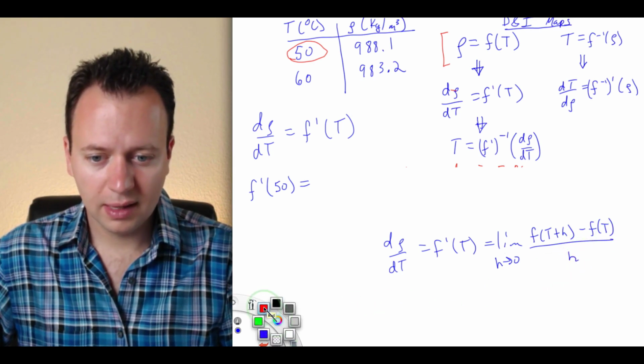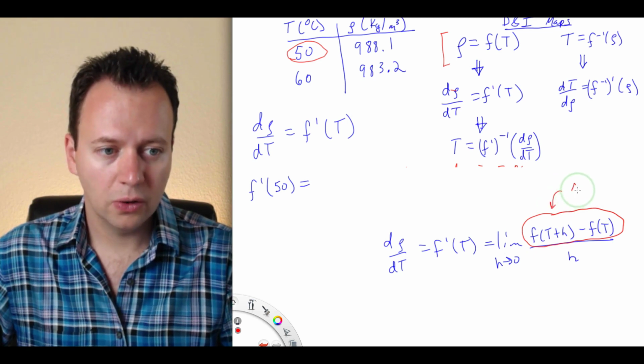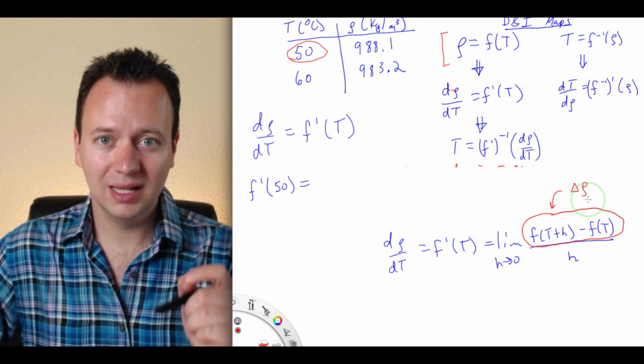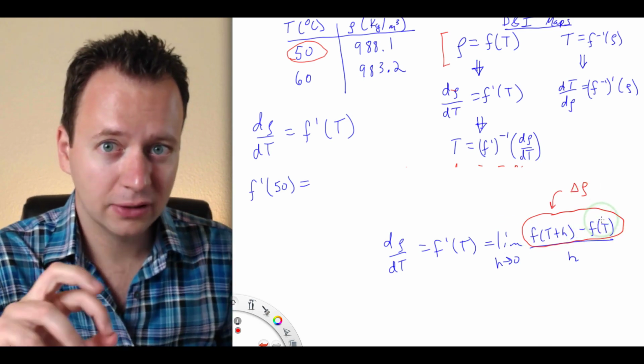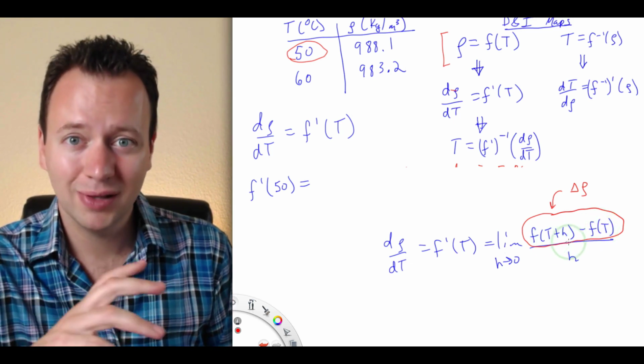Now when we look at this, the top basically tells us a change in density, right, delta rho. And h is the change in temperature, because we're evaluating this function at one temperature, t, then evaluating it a second time at t plus h.